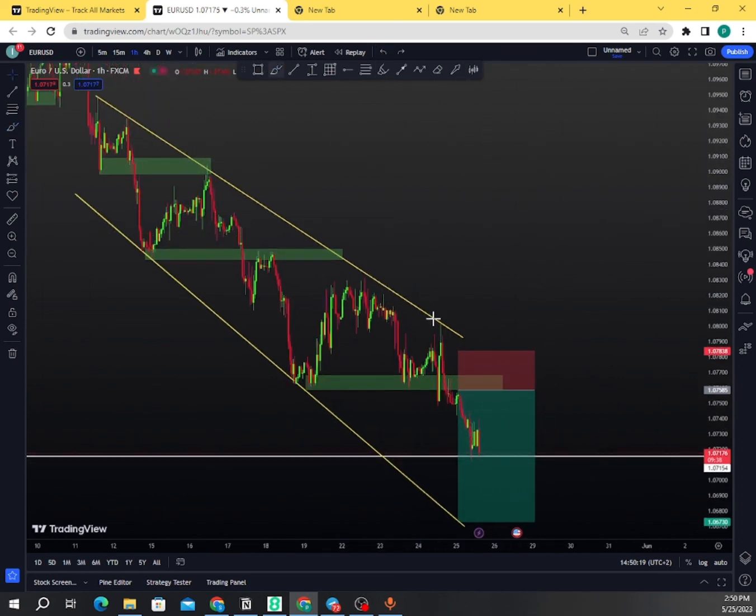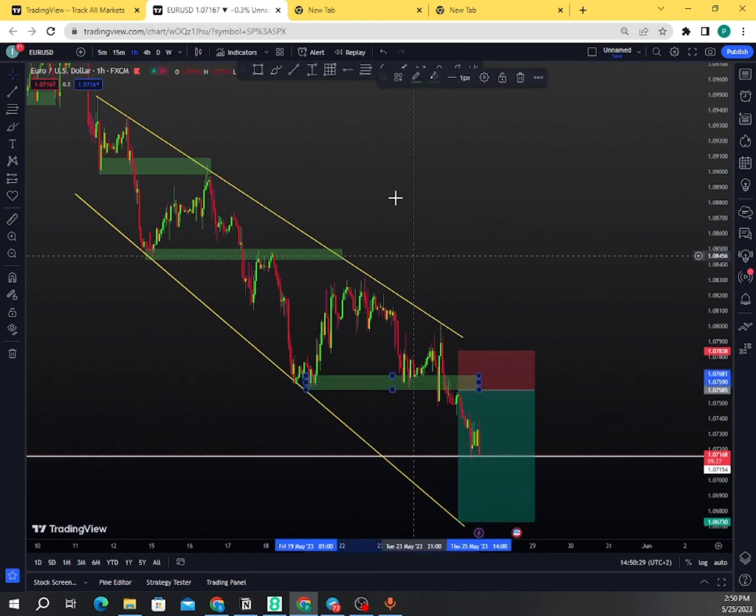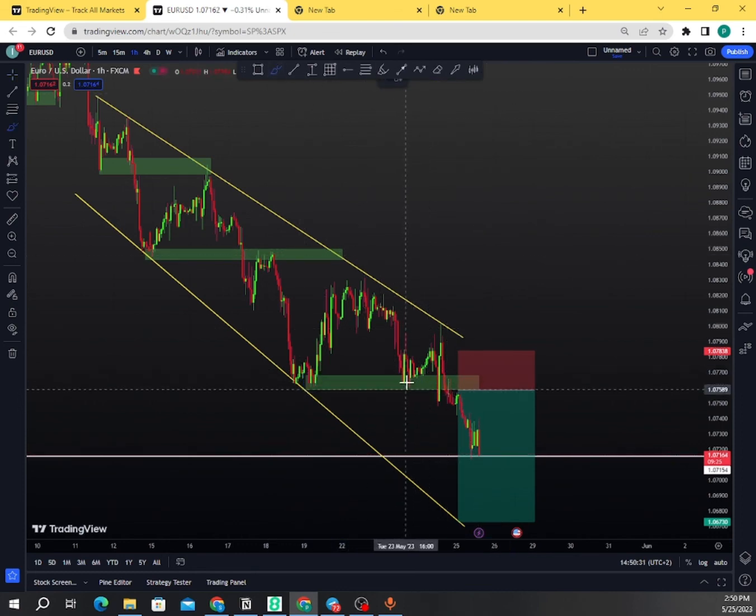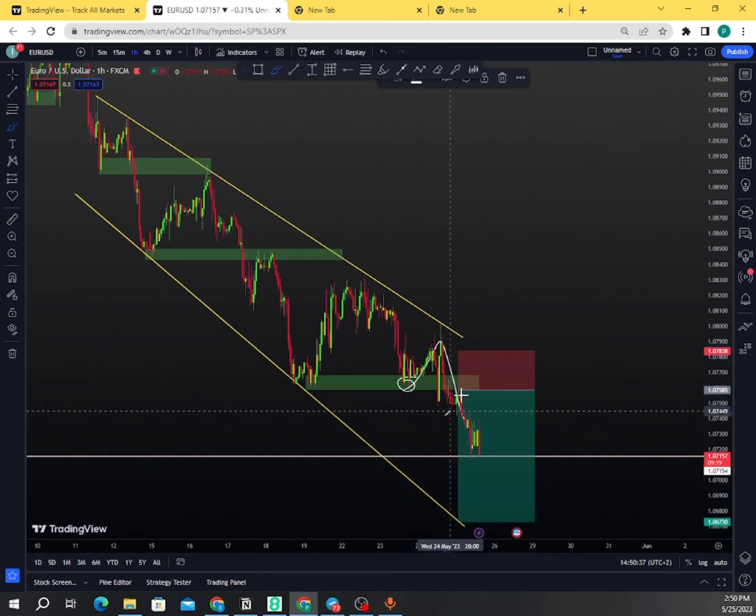So after price respected this trend line for the fourth time, I also identified this level, which price previously respected as a support, and now it broke that level, went up, and came back for a retest.